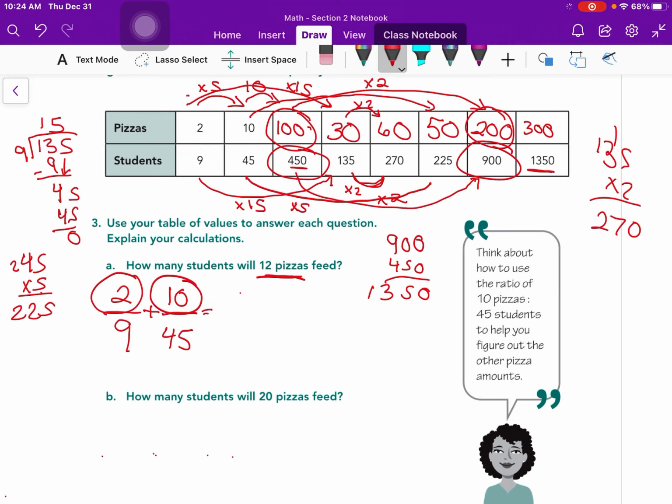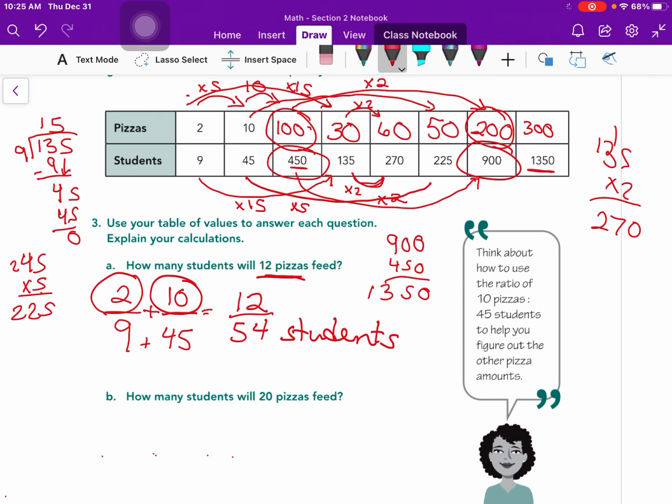So if I take these 2 pizzas and these 10 pizzas, that's 12 pizzas, correct? And if I add those students together, then I end up with 54 students. That makes sense to me.